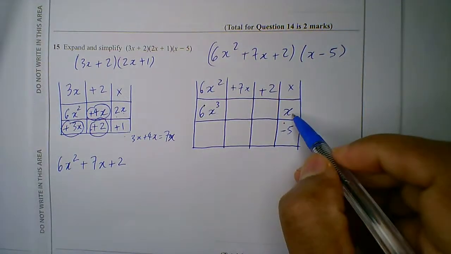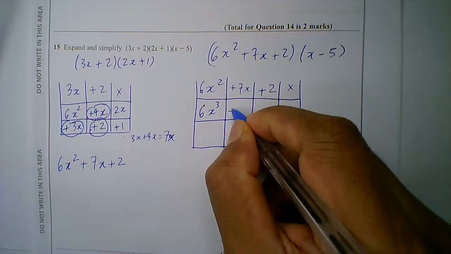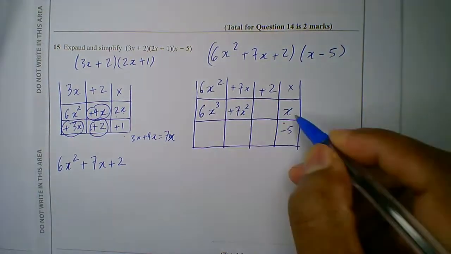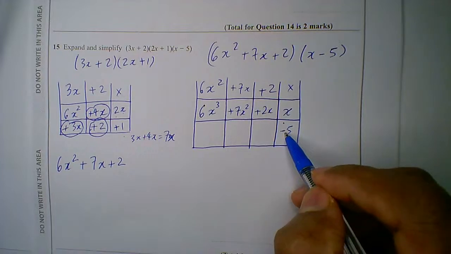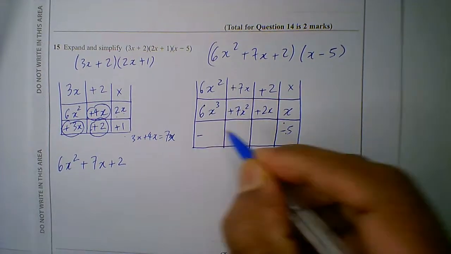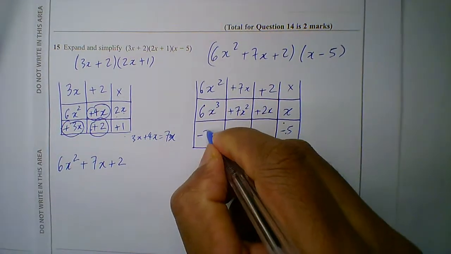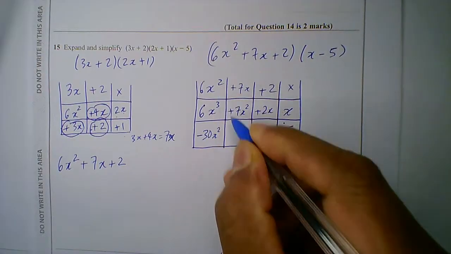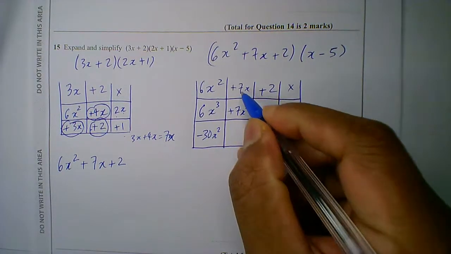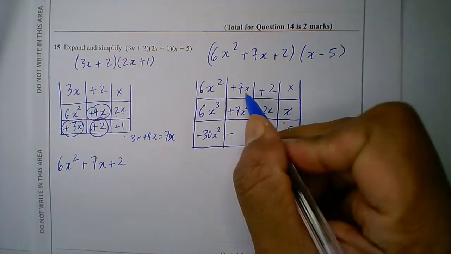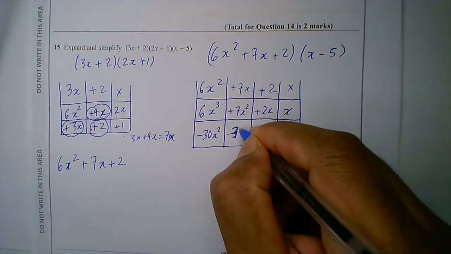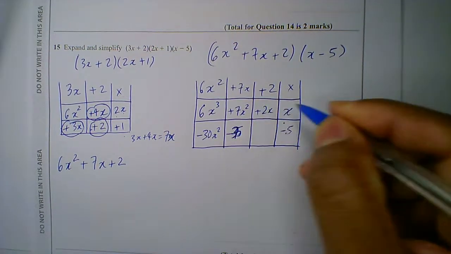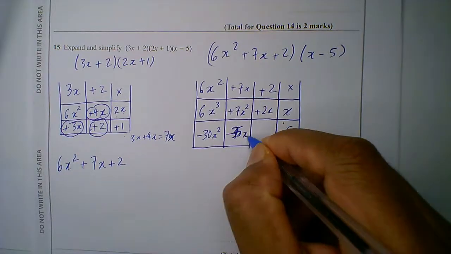6x cubed, x times x is x squared, so 7x squared. x times 2 is 2x. Got negative, and a positive gives me a negative. 5 times 6 is 30, x squared. Negative and a positive is a negative. 5 times 7 is 35, not just 7, and then x.